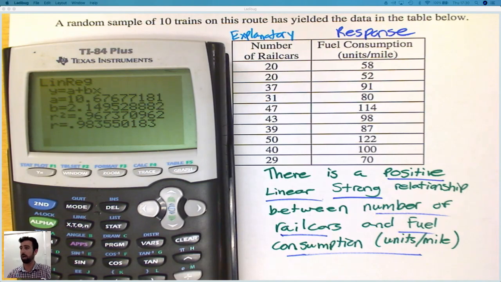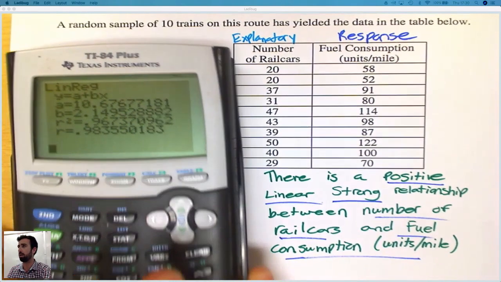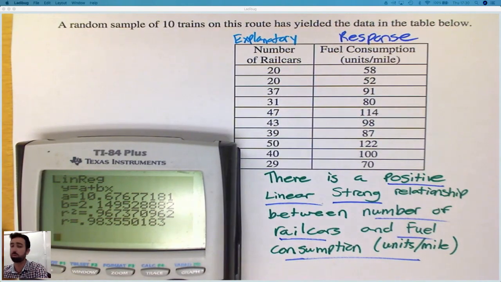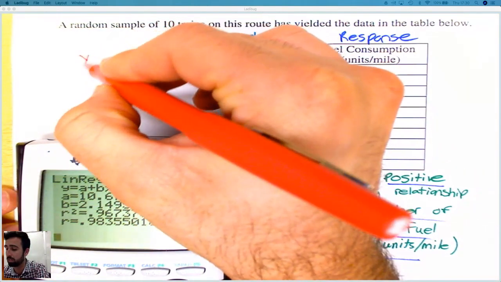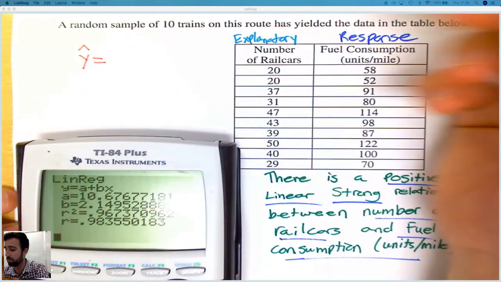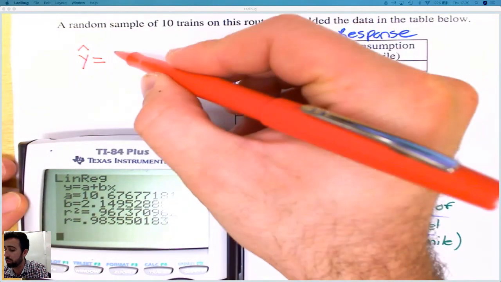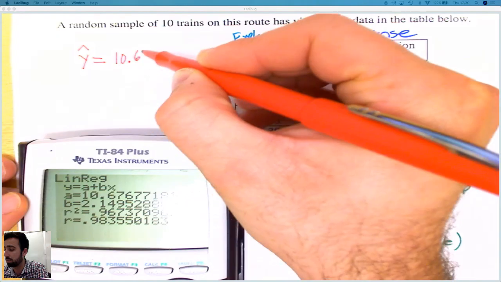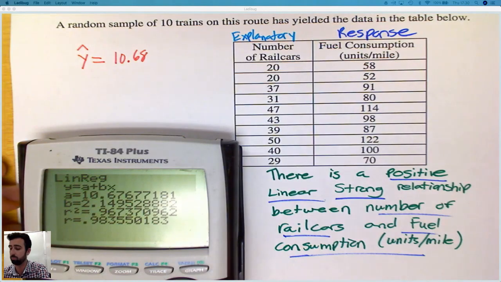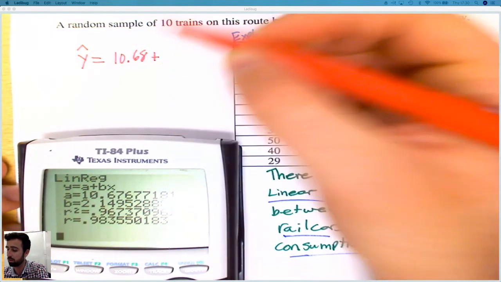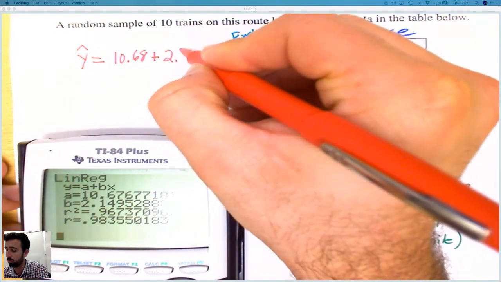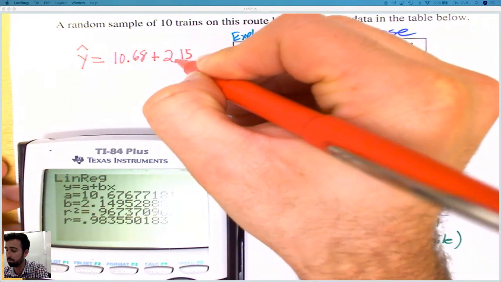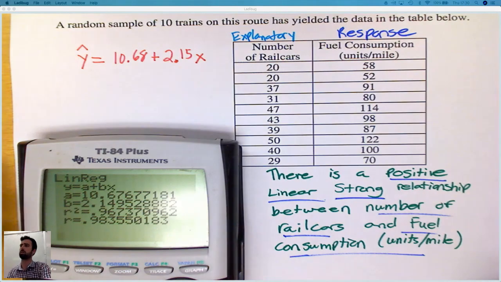So here we go. We got our line of best fit. Let's go ahead and write that down. Remember, it always starts with your Y hat. Y hat is your predicted, because this line is a predicted line. Y hat equals our A, which is 10.6, and I'm going to round it to 8, plus our slope, which is 2.1, and I'm going to round it to 5, times X. So there we have our line of best fit.